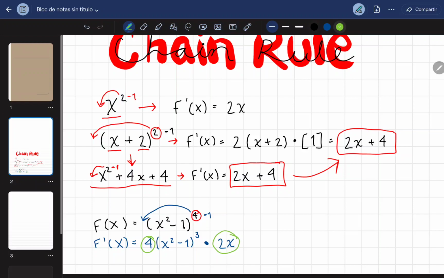So we need to multiply them. So we say 4 times 2x, 8x, times (x squared minus 1) cubed. Yes? And you don't need to develop this one in here. It's not necessary to develop it, because it will be very, very long. It's okay to leave it like that. Yes? So it means that this is our answer.